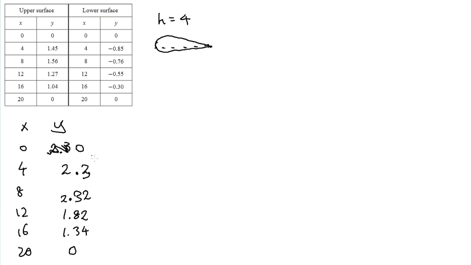So because we have combined two tables together, we can do just the simple trapezium rule. The trapezium rule is defined as half of the first value plus the last value plus 2 lots of everything in between.